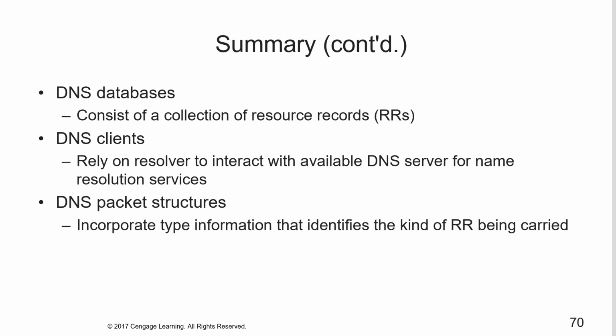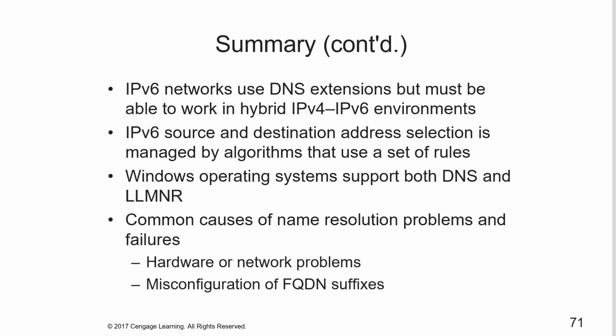DNS clients rely on resolvers to interact with available DNS servers for name resolution services. DNS packet structures incorporate type information that identifies the kind of resource record being carried. IPv6 networks use DNS extensions but must be able to work in hybrid v4/v6 environments.